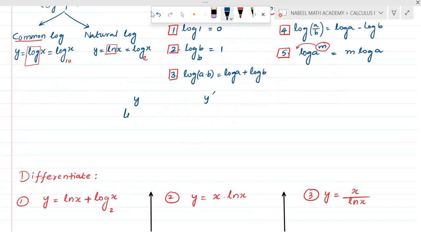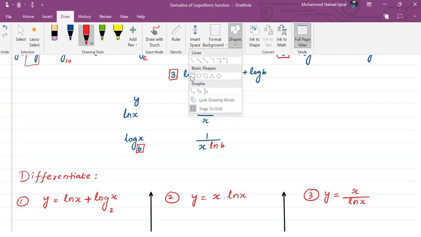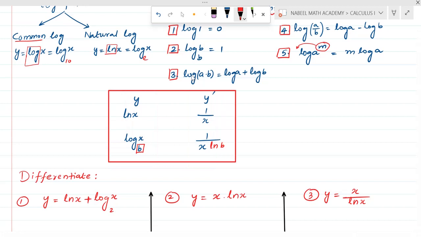When you have ln x, the derivative is 1 over x. When you have log x base b, it is the same thing, 1 over x, but times ln b, so it is a base b. Whatever base you have, this is your value. Now we will use this rule to solve the problem. To solve the problem, we will make use of this formula.